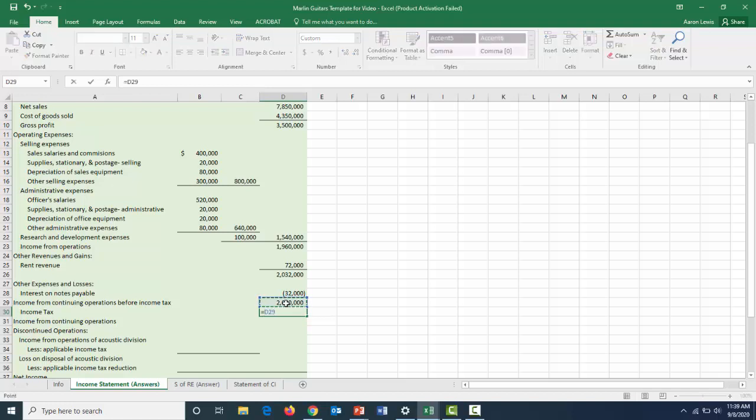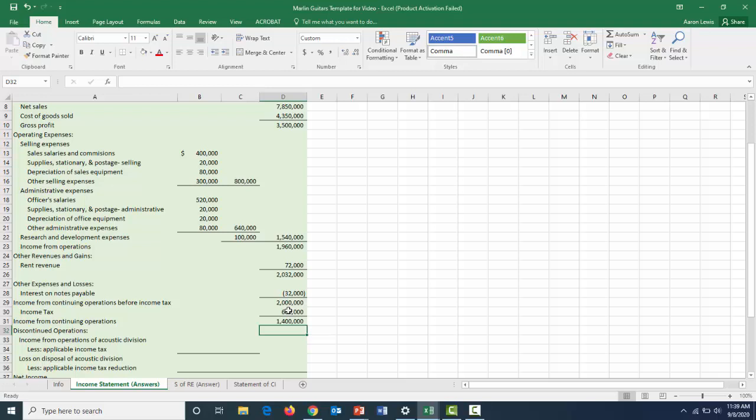So if we just take that number and multiply it by 0.30, we determine that Marlin is going to have to pay $600,000 in income tax, which means after they pay that $600,000 in income tax, they will have $1.4 million left of income from their continuing operations.